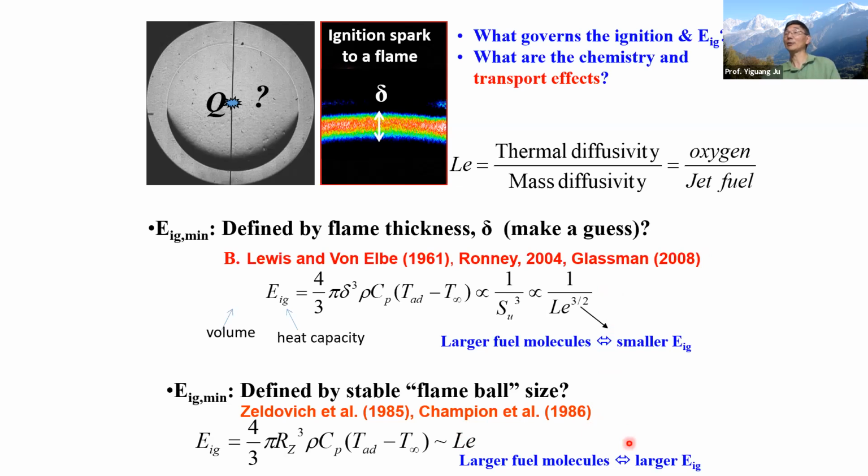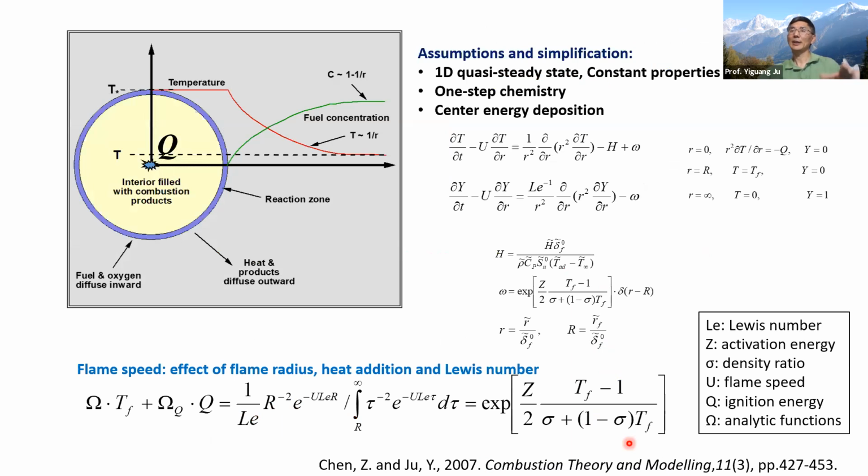Which one is right, and which one is wrong? Professor Chen, who is now at Peking University, worked with me and developed this kind of theory. He said that the flame temperature and the heat addition in terms of energy, as a function of Lewis number and flame speed, are governed by this equation.